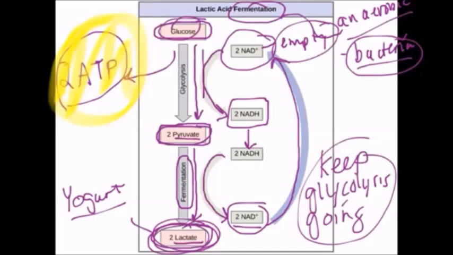Then the bacteria can actually move forward with aerobic respiration and get more of the energy out of this molecule. But if there's not going to be oxygen available, then they'll continue to just take glucose, keep glycolysis going, and form this lactic acid. We'll talk about the second process of anaerobic metabolism, which is alcohol fermentation, in our very last lab of the semester.